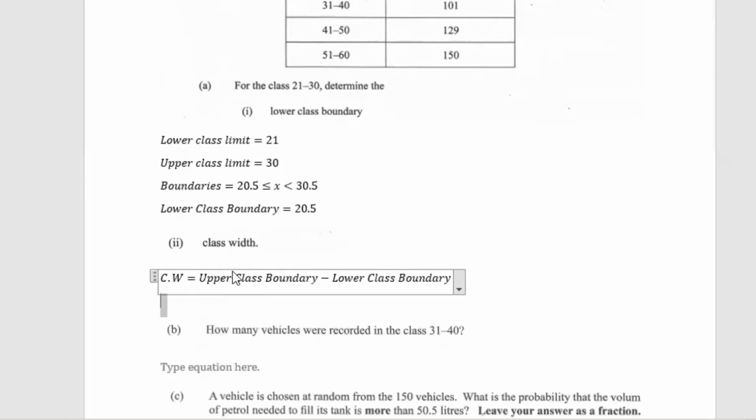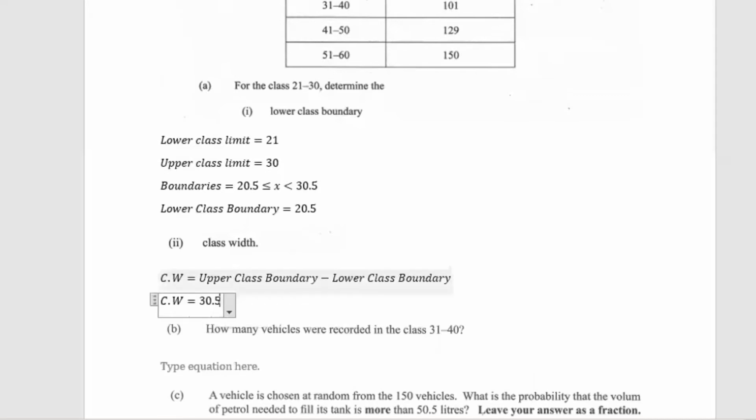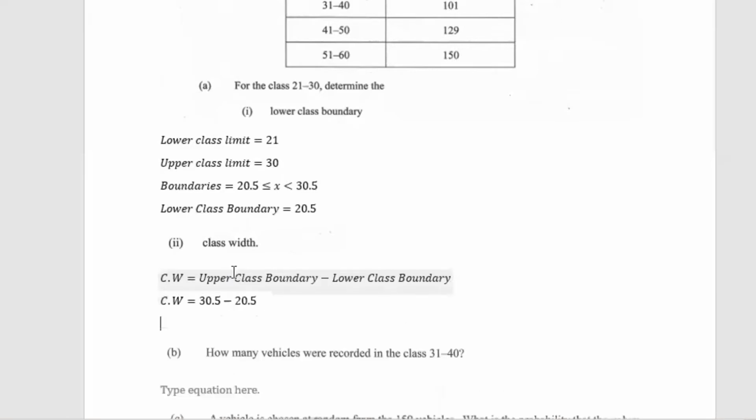So therefore the class width is equal to 30.5 minus 20.5. When you do that, what you'll get is the class width to be 10, and that is our class width.